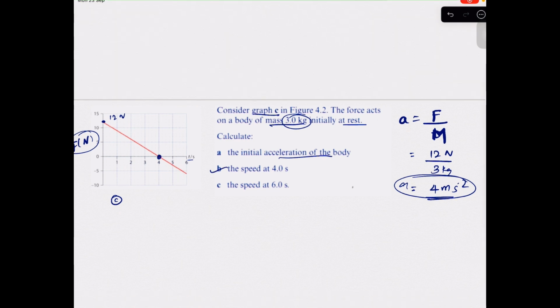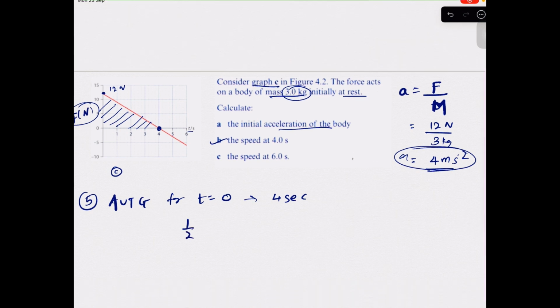Then they're asking the speed of the body at 4 seconds. Now I know the area under the first 4 seconds will give me the change in momentum. That is one half, the base is 4 seconds, and the height is 12 Newton.